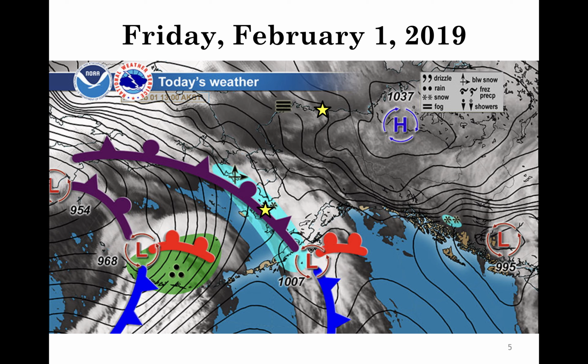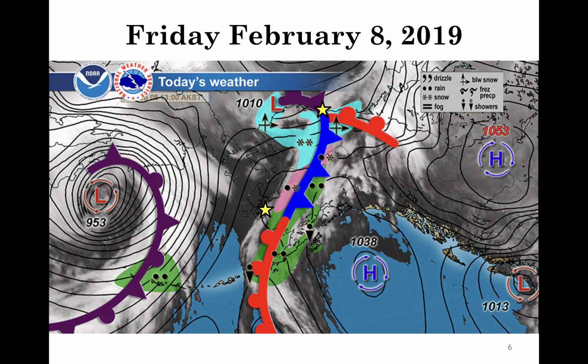If we're going to talk about jet streams, the jet stream was being pushed up from the south, so it wasn't as cold as from the north, and that's why it was warmer.